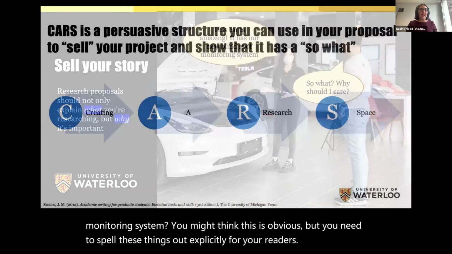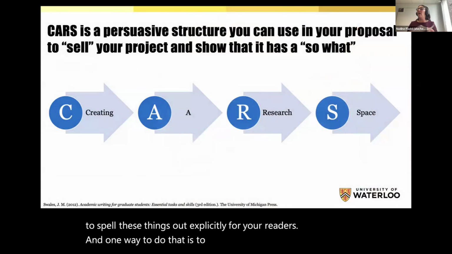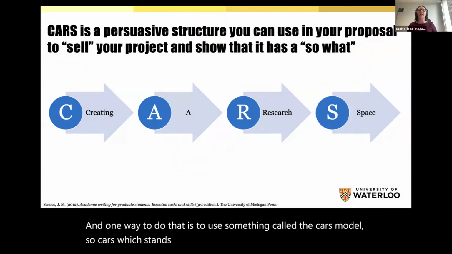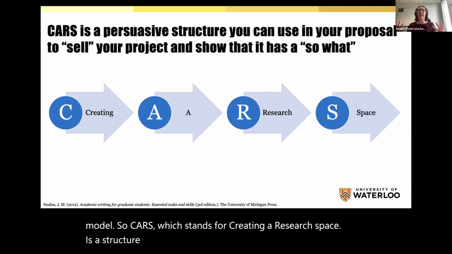And one way to do that is to use something called the CARS model. So CARS, which stands for Creating a Research Space, is a structure you can use to sell your project and show its significance.